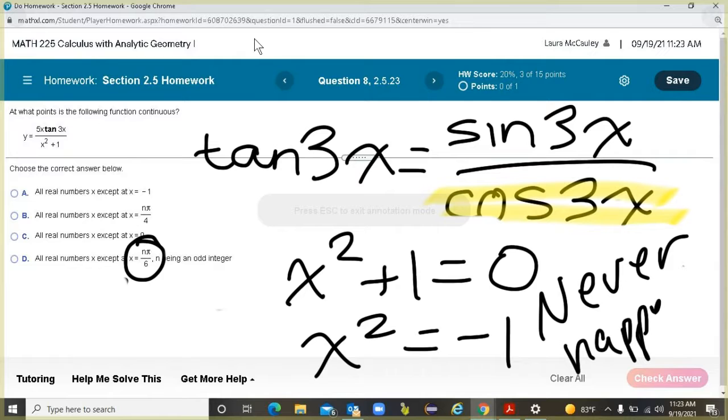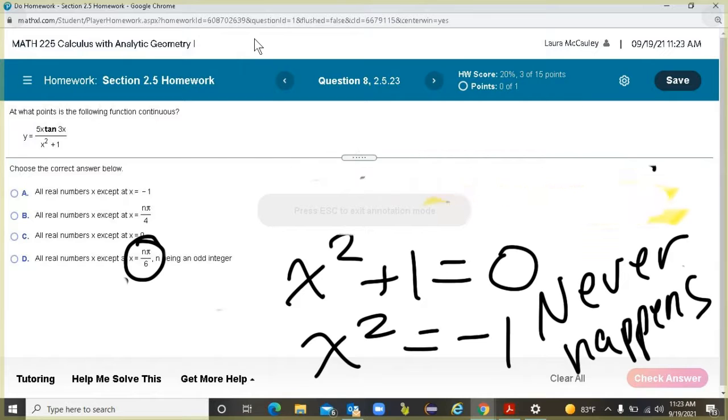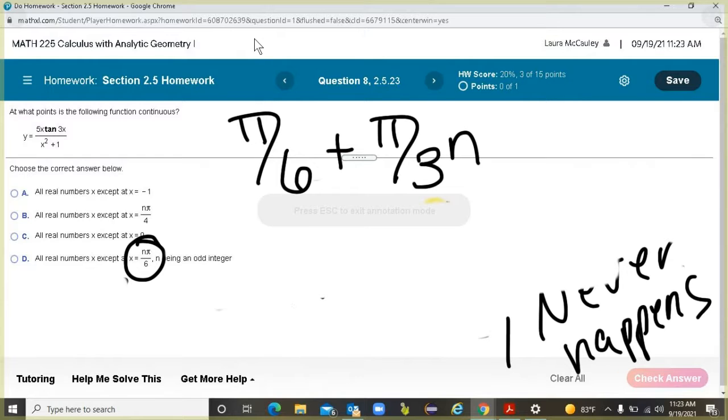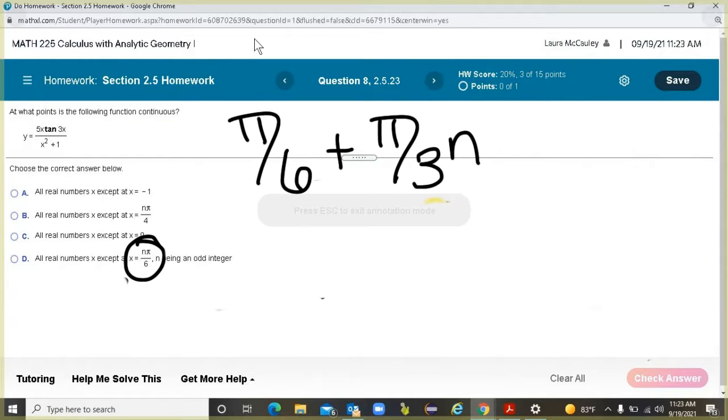Okay, I see what they did here as far as the definition goes. So let's look back at what we had written. We had pi over 6 plus any multiple of pi over 3. And this is where they're coming up with their definition here.